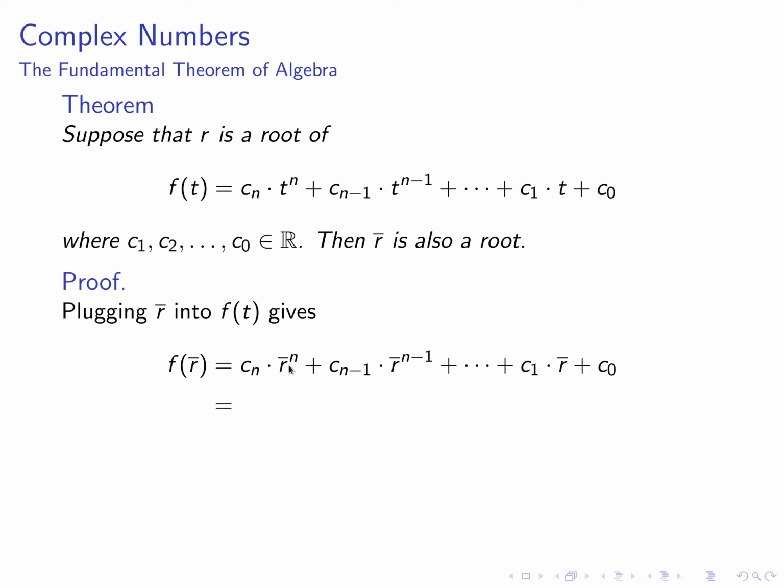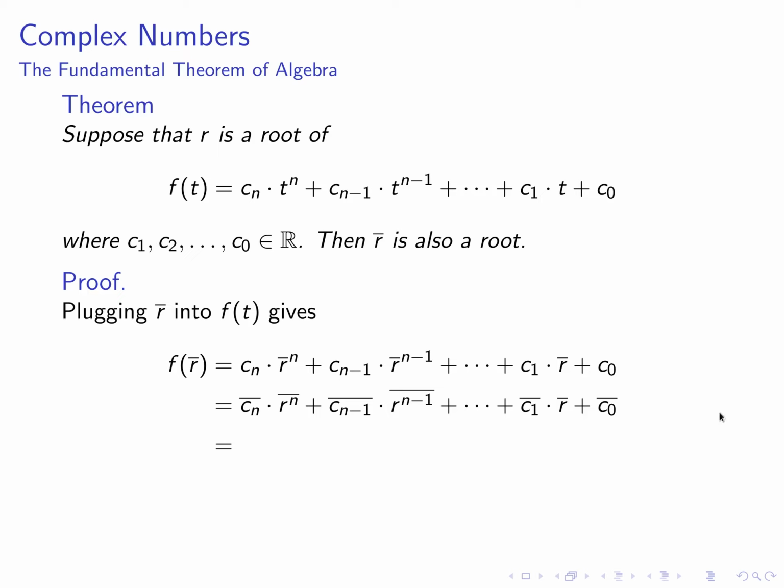Well, what is this expression? This turns out to be the same thing as conjugating every single term here. And the reason that we can conjugate each one of the coefficients of this polynomial is that the assumption is that each one of those coefficients is a real number. And remember, real numbers do not change when we take conjugates.